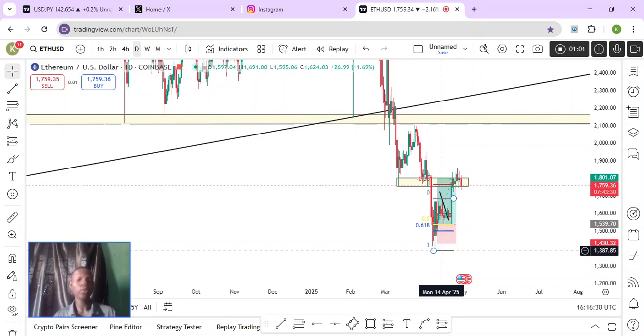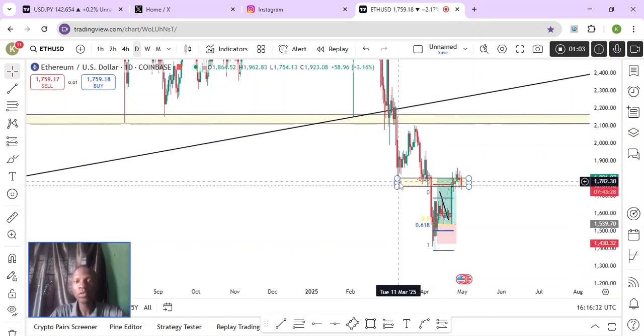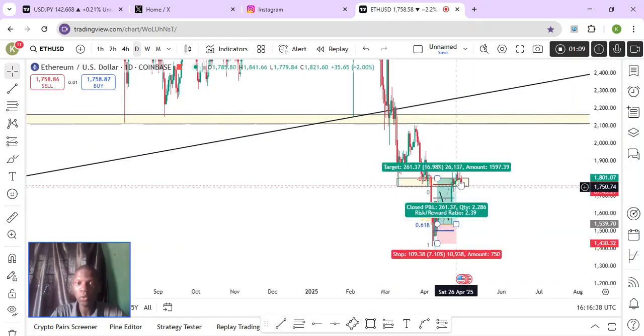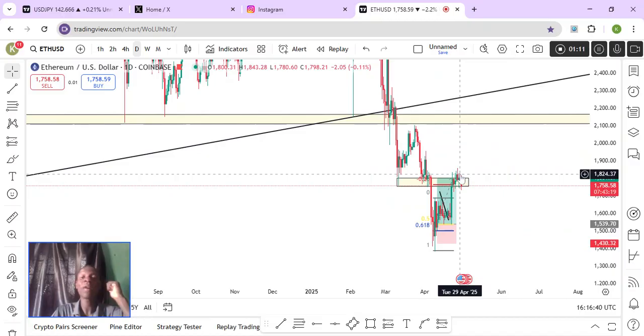Look at my mouse. This is a lower low, this is a lower high, this is another lower low. So the market has to come and fulfill the lower high. That's the fundamental rule of market structure, and the market did just that.